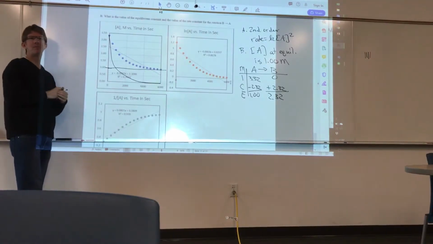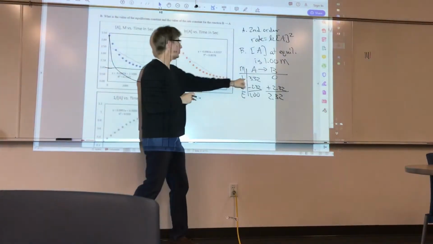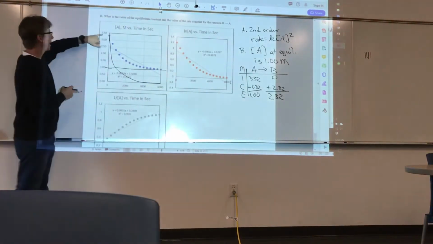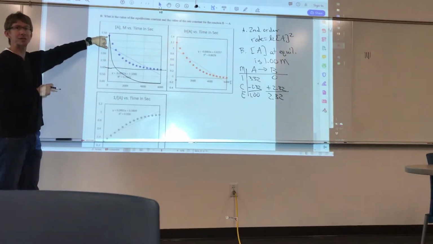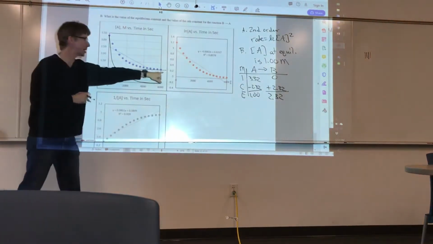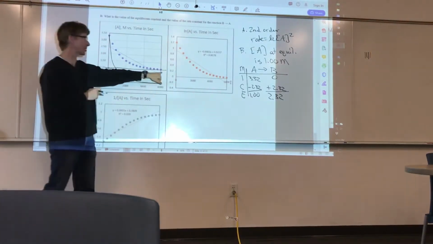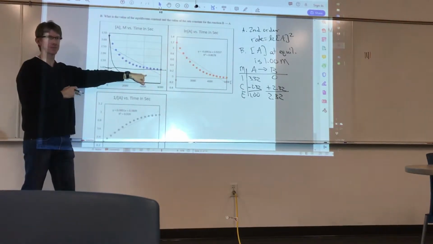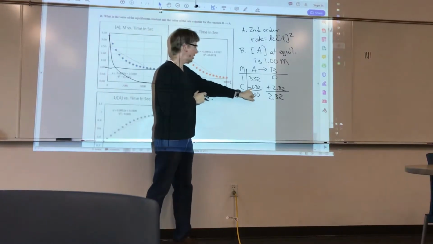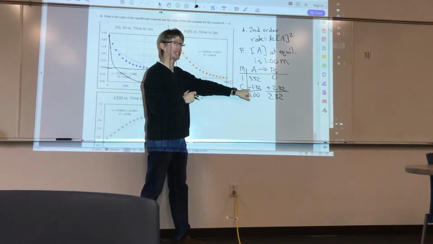James? Oh, so right, so we know what we started with. It says it in part A, but it also says it right here. Here's our initial concentration. We know what our final concentration of A is. And yes, we had to read the final concentration off the graph. And so then if we start and we end, we know what the change is.